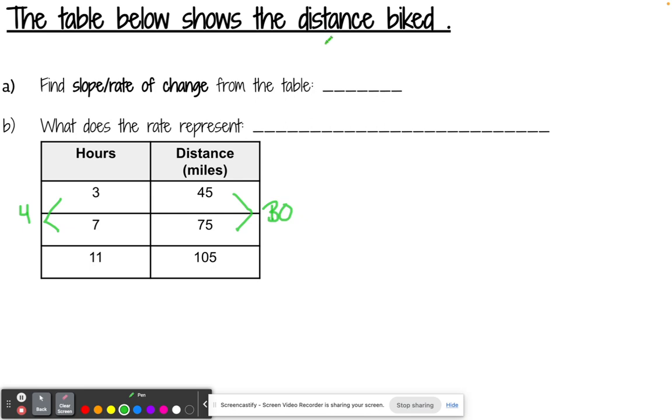So 30 miles, 4 hours, which can be simplified to 15 over 2. And we're talking distance bike. This means I can bike 15 miles every 2 hours. And that's what my 15 over 2 means.